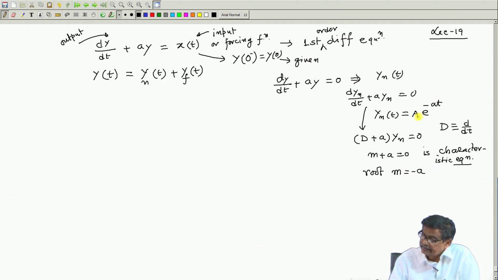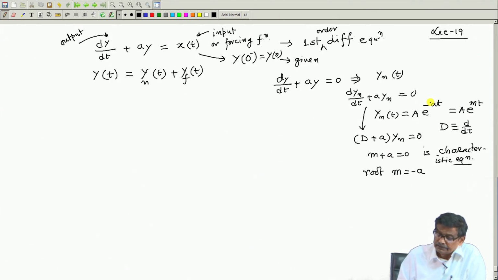In fact, it is this root which comes as e to the power m t. If the root is m, the solution is A into e to the power m t, and then I have substituted the value of a. Therefore, given a differential equation, the characteristic equation can be easily formed, and the root of this equation eventually comes as the coefficient of t in this exponential term.